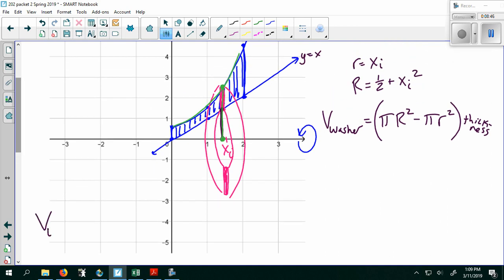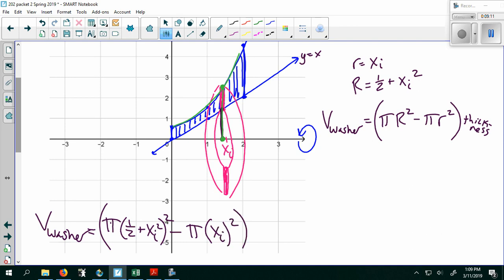So I have the volume of my washer is, open a big parenthesis, pi times big R, which is (1/2 plus x sub i squared) squared, minus pi times little r, which is just x sub i, squared. And then the thickness is delta x.